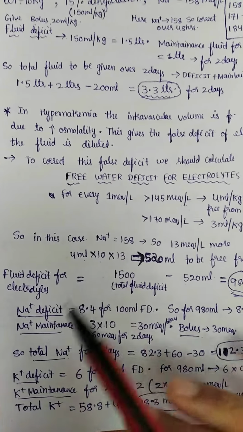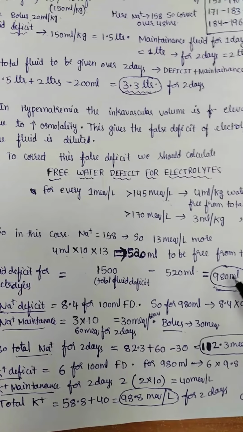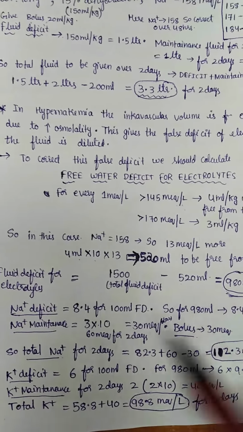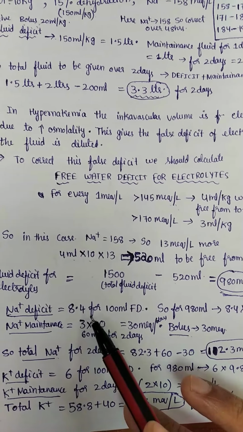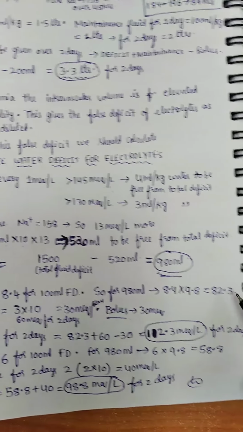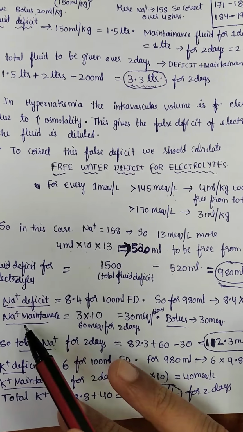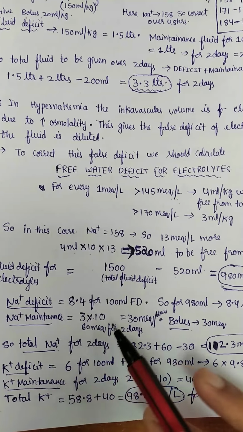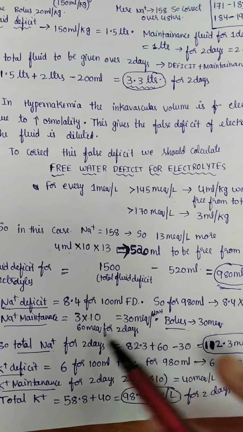Now we will calculate the electrolyte deficit for this fluid deficit. For every 100 ml of fluid deficit, 8.4 milliequivalents of sodium is deficit. So for 980 ml, 8.4 times 9.8 is equal to 82.3 milliequivalents. Sodium maintenance is 3 milliequivalents per kg: 30 for 1 day, 60 for 2 days.